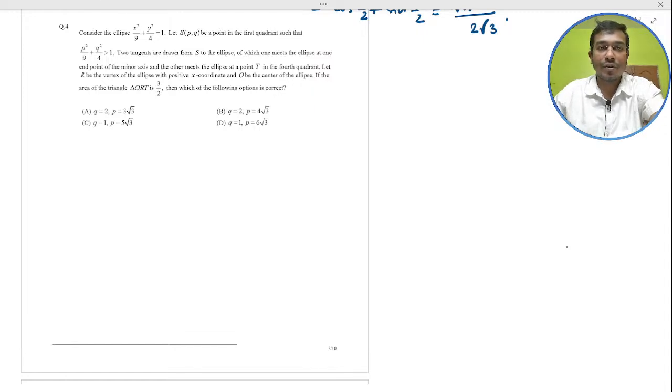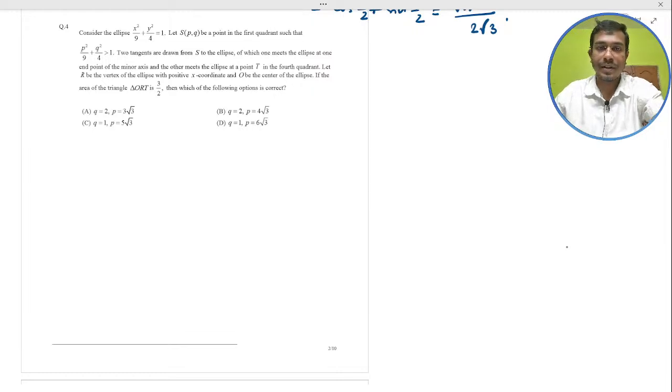Two tangents are drawn from S to the ellipse, of which one meets the ellipse at one end point of the minor axis and the other meets the ellipse at point T in the fourth quadrant. Let R be the vertex of the ellipse with positive x coordinate and O be the center of the ellipse. If the area of the triangle ORT is 3 by 2, then which one of the following options is correct?